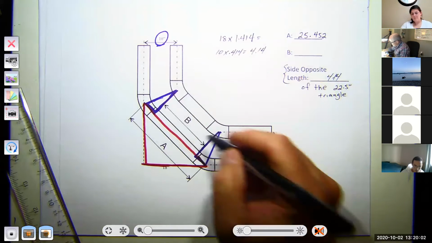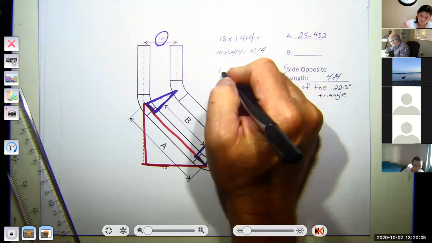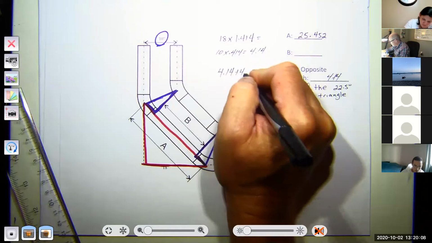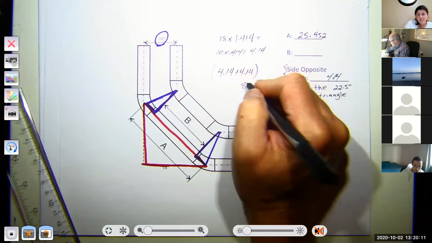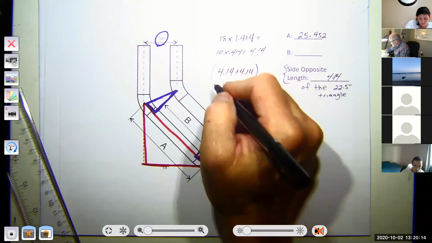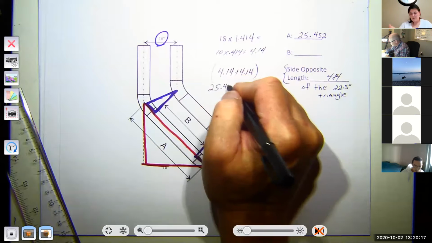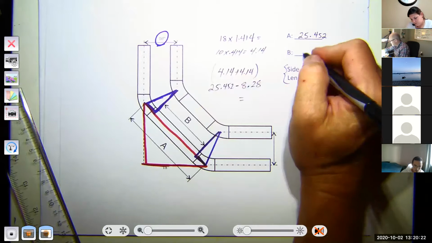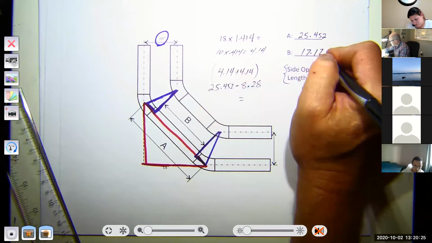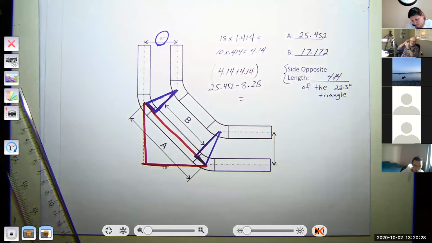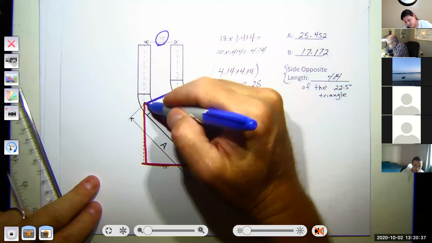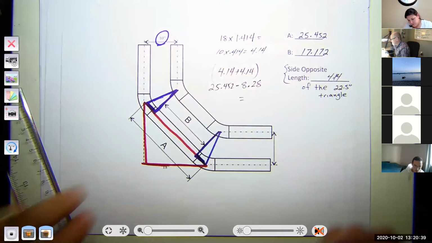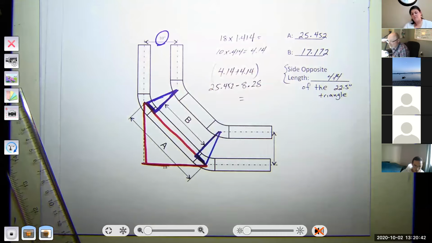So literally B is 4.14 plus 4.14, which is 8.28, and we take 25.452 and we minus off 8.28 to get B as 17.172. And literally, we're just taking this piece and this piece off of the measurement A to get my B measurement. That's all it is.